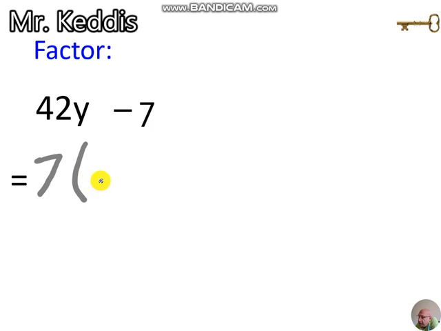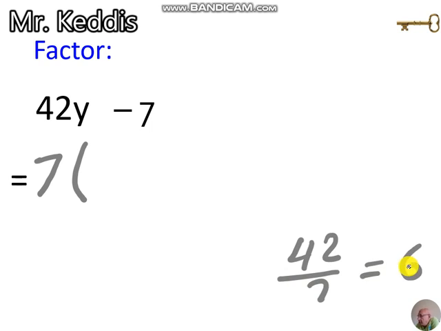To find the other number, 42 divided by 7, you get 6. It means 6y here.